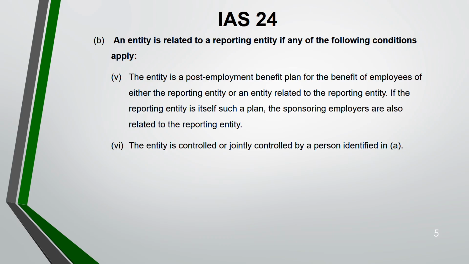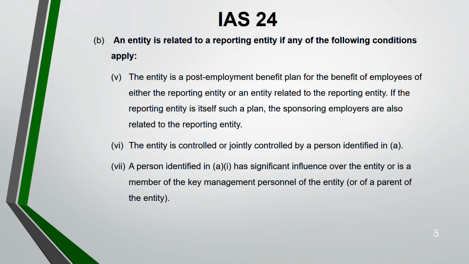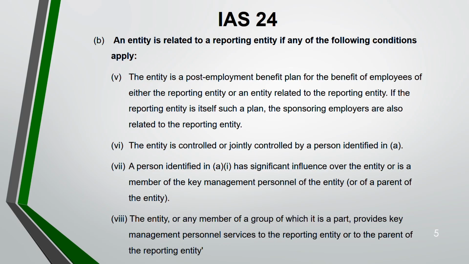Sixth, the entity is controlled or jointly controlled by a person identified in A. Also, a person identified in A has significant influence over the entity or is a member of its key management personnel. Or the entity, or any member of a group of which it is a part, provides key management personnel services to the reporting entity or to its parent.